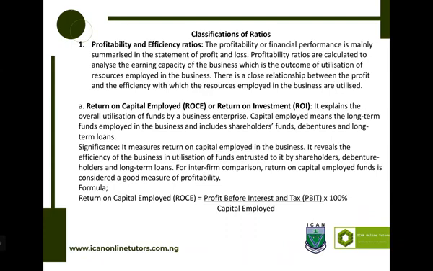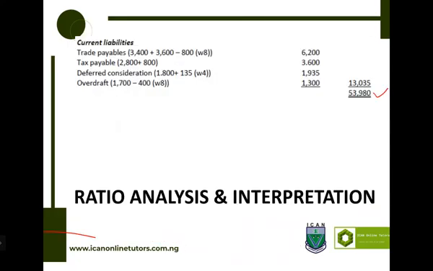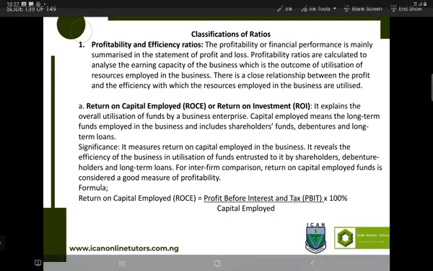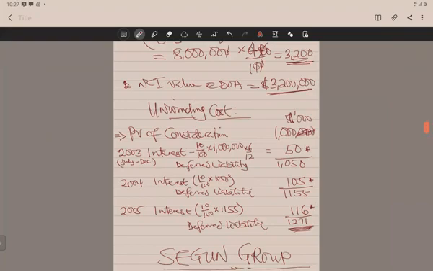But the classification of ratios, initially, I've given you much on classification of ratio here, but to me, ratio can actually be classified basically into 4, and you can classify it into 5. That is also what you are given.